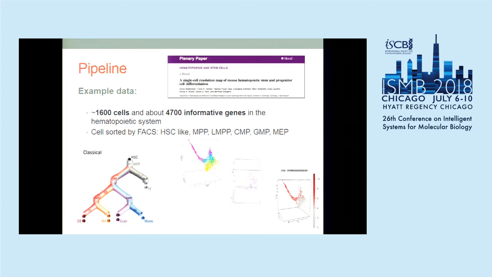This is good, but compared with the figure on the left, it's not very easy to understand, and it's not very intuitive to see the differentiation, like how HSC differentiate into different lineage committed cells.